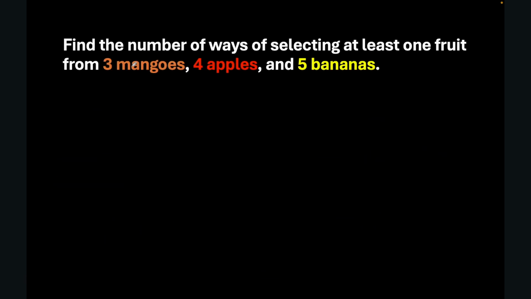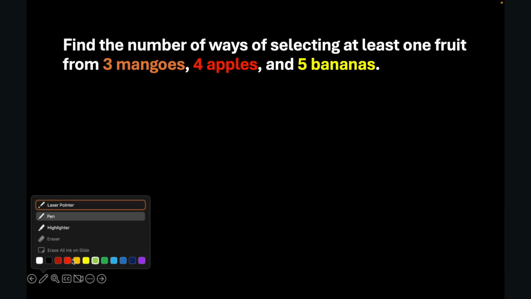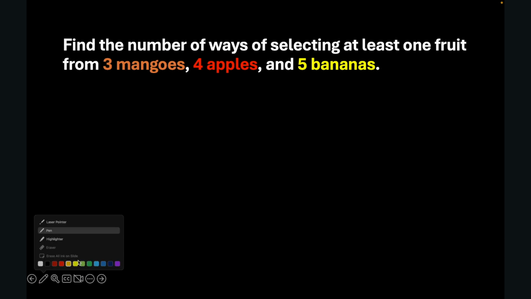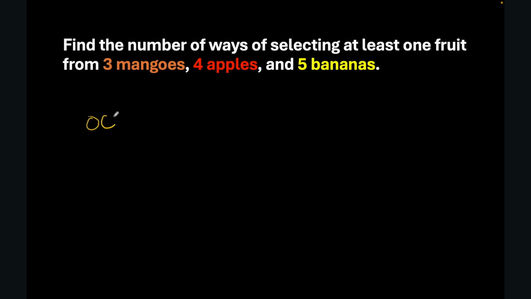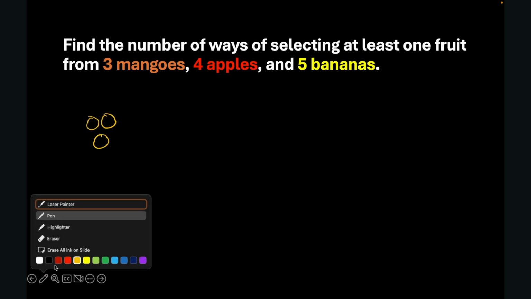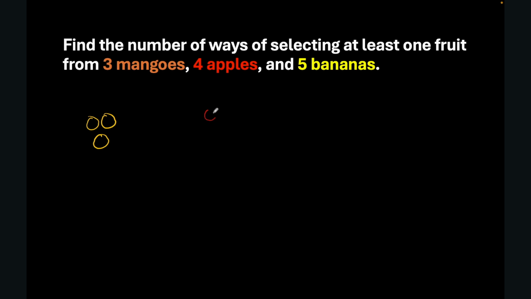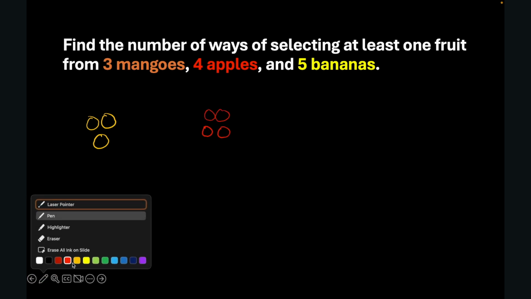If we have 3 mangoes, let me draw it like this. Let me take orange and put mango, mango, mango. That really doesn't look like a mango, but you get the gist of it. Apple, apple, apple, apple. That doesn't look like an apple either. And then bananas.